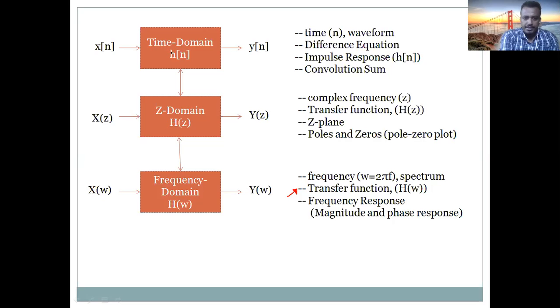In the time domain, we use what we call the impulse response, h of n. When you come to frequency domain, it is h of omega, what we call the transfer function or system equation. This equation represents the system.